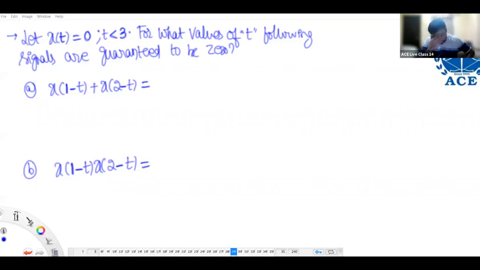Check it. Nagarjun Rao, wrong. Dinakar, okay. Akhil, okay.